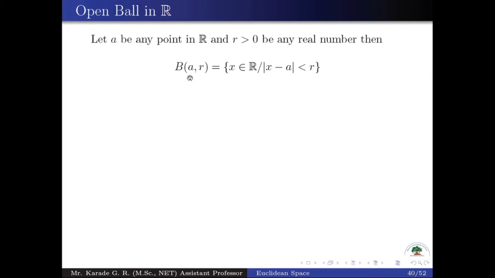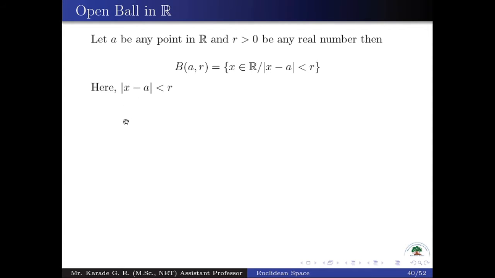We are discussing the open ball in R. Then the open ball about A with radius R, by definition, is the set of all those real numbers which are within a distance R from point A, or the set of all x belongs to R such that modulus of x minus a is strictly less than R.